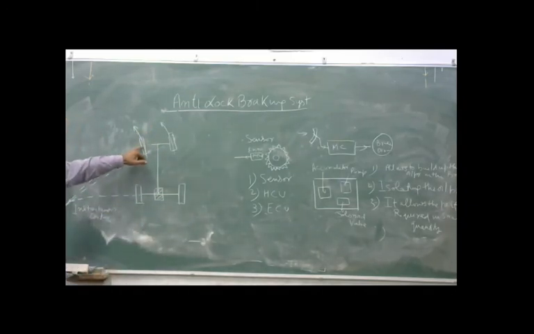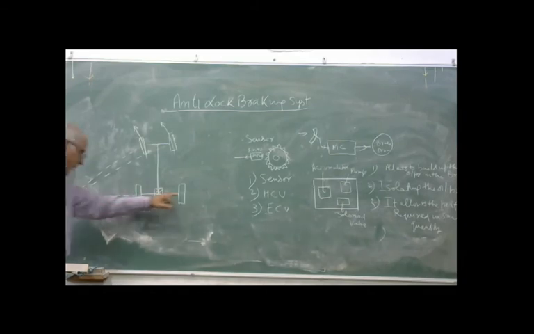So the center lines of both front wheels and the straight line of the rear wheels must meet at this point, and this is called the instantaneous center. If it is not meeting at one point, there are steering system problems and an accident may take place. So to avoid that, the instantaneous center is very important for the steering system of an automobile.